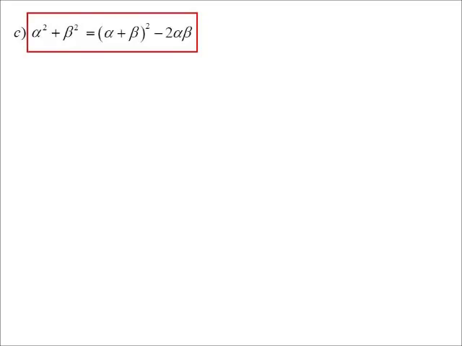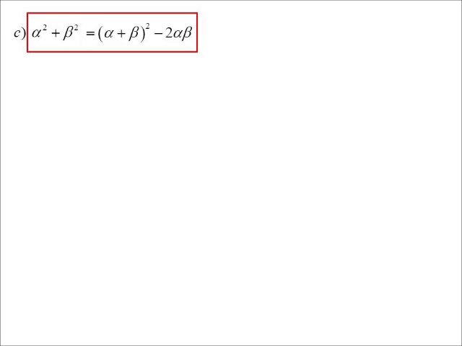But then they ask questions like this: what's alpha squared plus beta squared? Now it's very tempting to say, oh well, I've worked out what alpha plus beta is, so I'll just square that. But that doesn't work. Alpha squared plus beta squared is actually alpha plus beta all squared minus 2 alpha beta. And that's just a rearrangement of the expansion of alpha plus beta all squared.